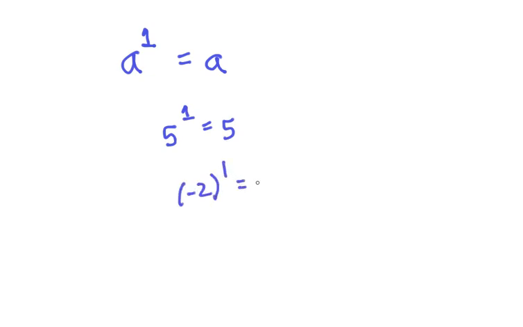So the next one we'll have a again, a to the power of 1. A to the power of 1 will just give us a back. So for example, 5 to the power of 1 is just 5, and negative 2 to the power of 1 is just negative 2, and of course 1/2 to the power of 1 is just 1/2.